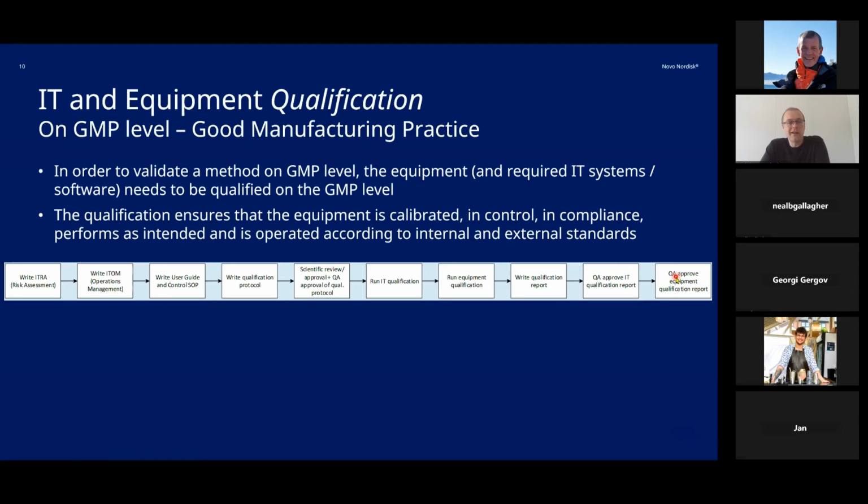So in order to do that, we need to make sure that the qualification of the instruments ensures that the equipment is calibrated, in control, in compliance, and performs as intended, and is operated according to all internal and external standards that we foresee we are going to use.